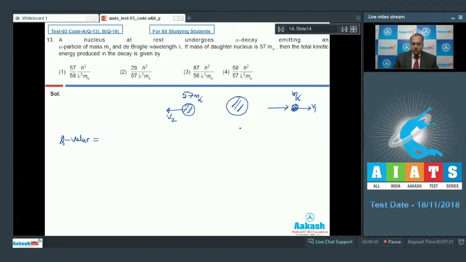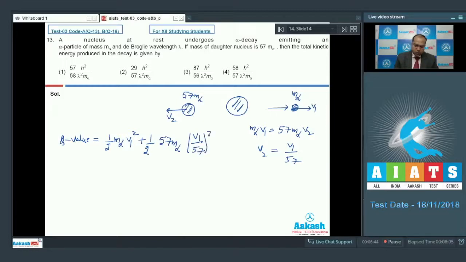From the principle of conservation of linear momentum, we can say that m alpha into v1 is equal to 57 m alpha into v2. So the value of v2 comes out to be v1 by 57. If I write the Q value or the total kinetic energy produced in the decay, this is equal to half m alpha into v1 square plus half 57 m alpha into v2 square, and v2 we have already calculated as v1 by 57 whole square.